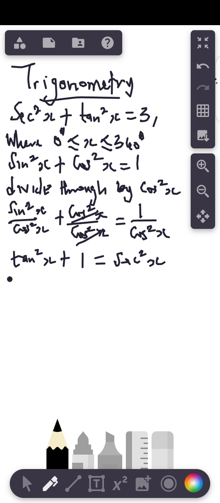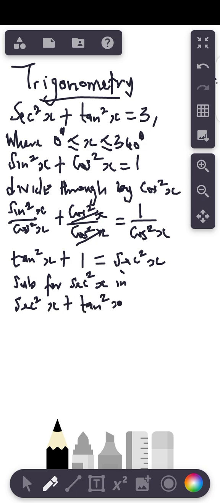Now we can substitute for secant squared x in the equation given. And what's the equation given? The equation given is sec squared x plus tan squared x equal to 3.